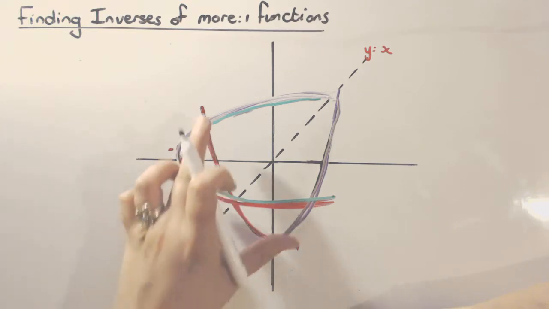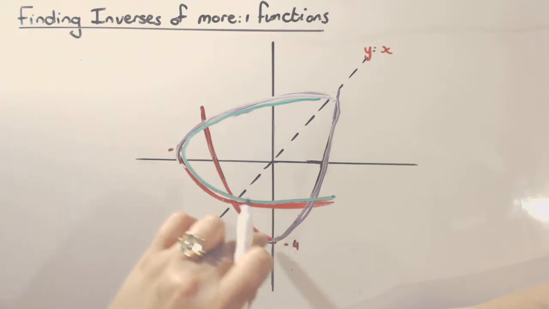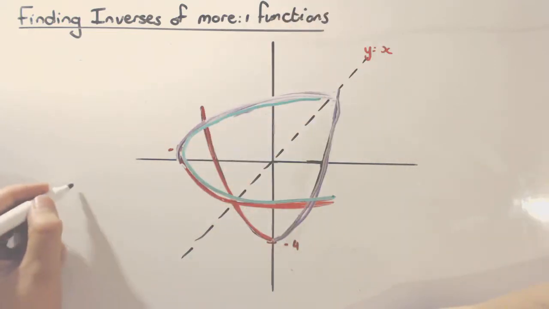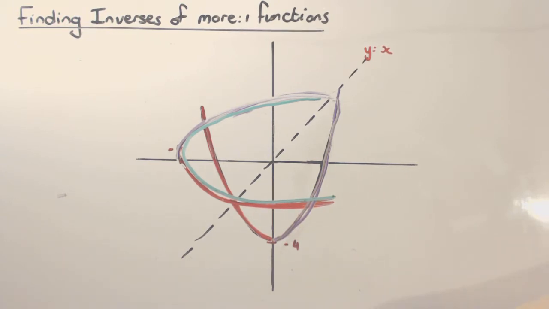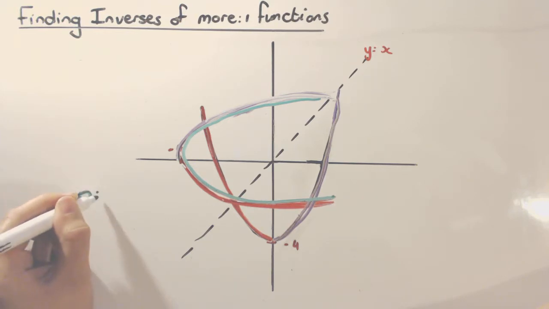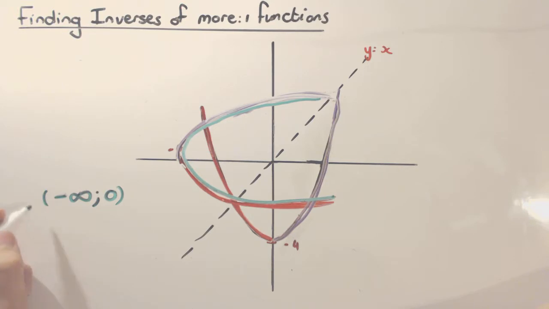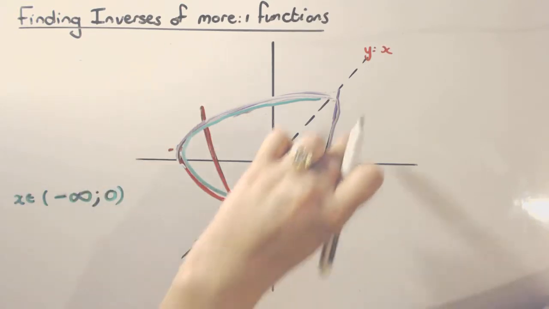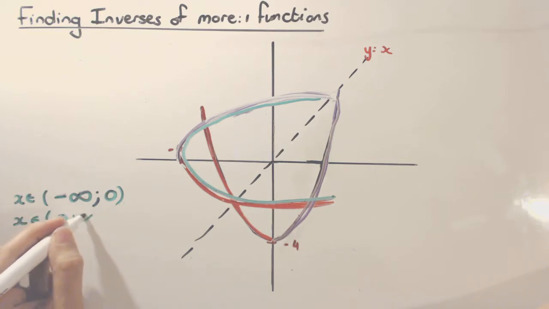So if I restrict my original parabola, which is this parabola here, I can either restrict it from negative infinity up until 0, that's the negative x values. So I can either take all the negative x values in this parabola, or I can take all of the positive x values.